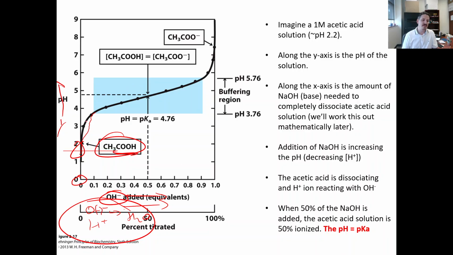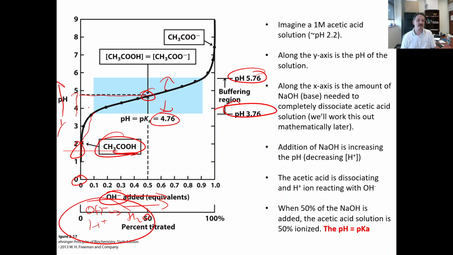But this is going to happen quite rapidly at first, but when the pH rises to the point where it gets to about pKa plus or minus 1, remember that's 4.76, the weak acid is going to start buffering, and it's going to start compensating for the change that is occurring because of the addition of base.